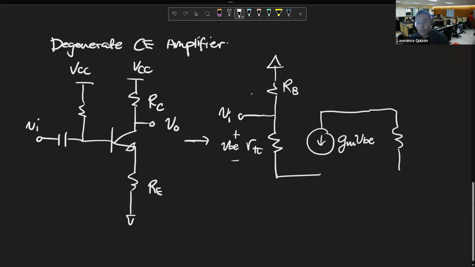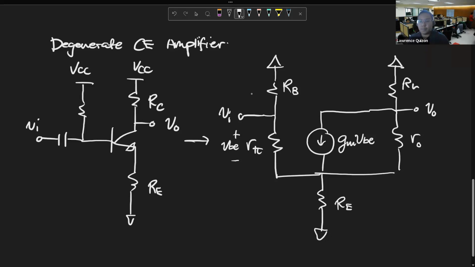And then this is R out, and this is RE. Then we have Vout, and RL. Now it's no longer as convenient to calculate as it was before.